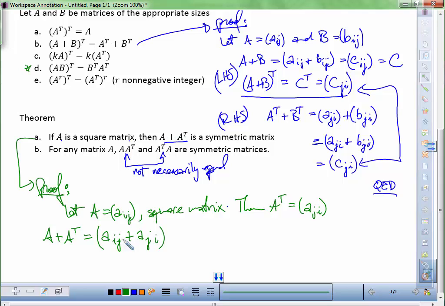Okay, so what we need to do is examine what these things are going to equal. So let's call this Cij.